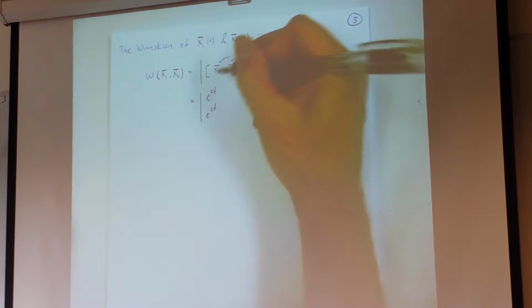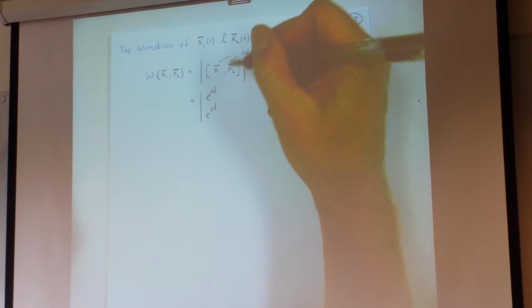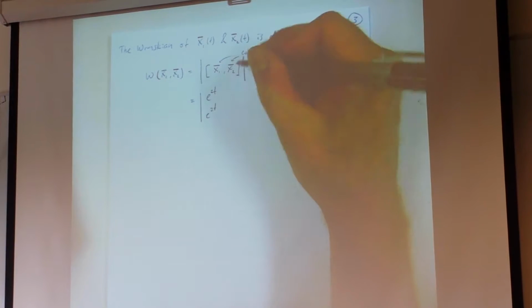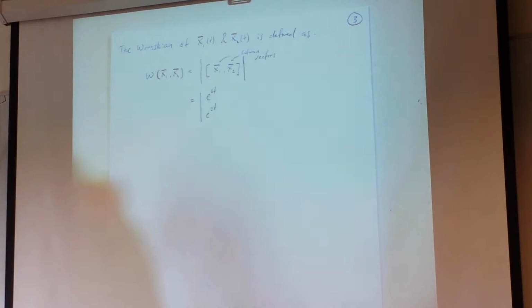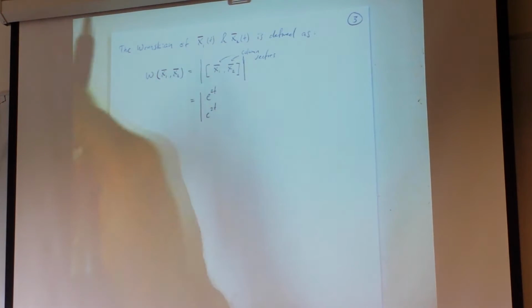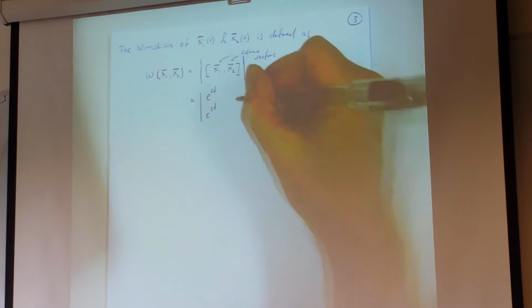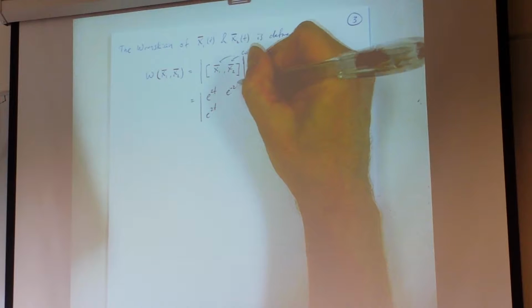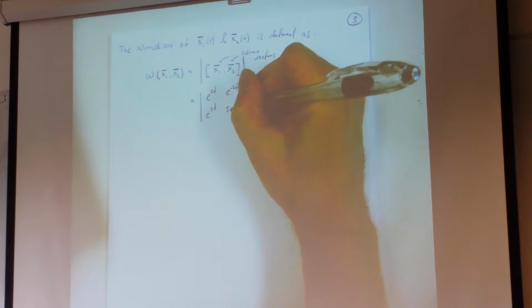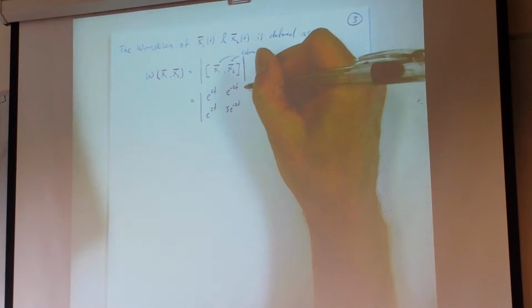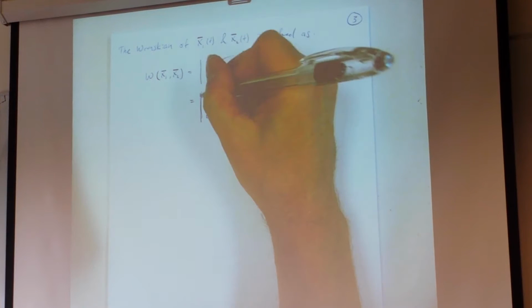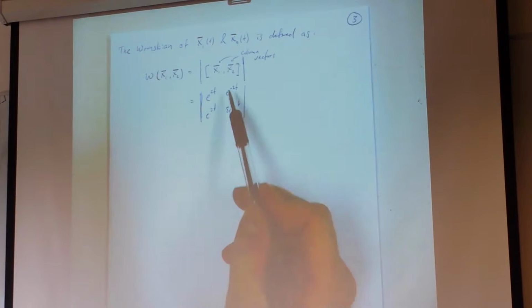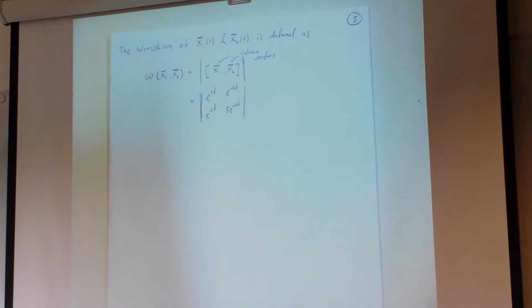So that's x1 as a column vector in this matrix. And x2 is, what's x2? E to the negative 2t and 5 e to the negative 2t. All right, and it's just the determinant of that matrix where the columns are the actual vector functions.